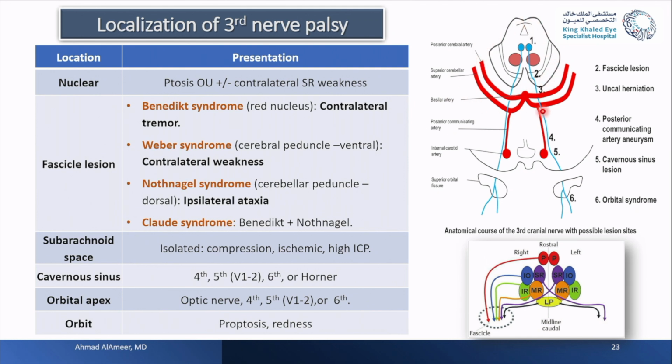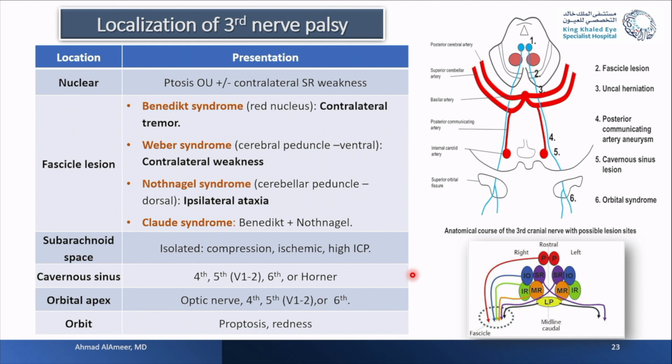Either MS, stroke, tumor. Okay? So those are brainstem signs or symptoms. Contralateral tremor, contralateral weakness, ipsilateral ataxia. If you see these, or you ask the history and the patient or you notice that in the clinic, the patient has third nerve palsy with ataxia, tremor, weakness, then this is not an isolated third nerve palsy. So you need to look at these things.